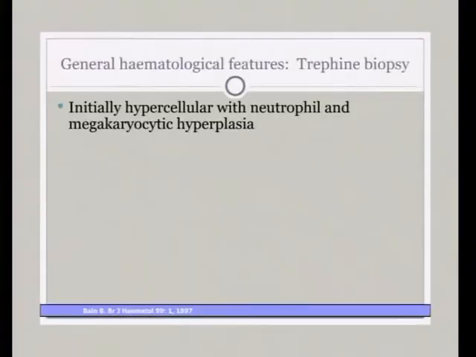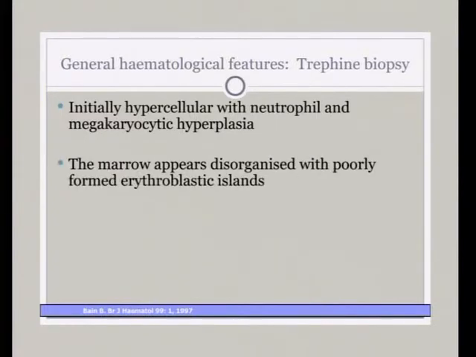If you go on to the trephine biopsy where the architecture is preserved and you look at the changes, initially again hypercellular with increased neutrophils and megakaryocytes, especially initially. The marrow appears disorganized with poorly formed erythroblastic islands.